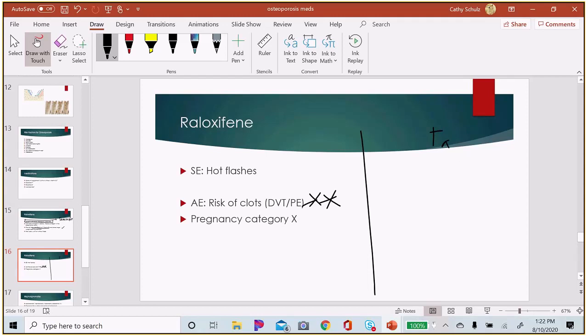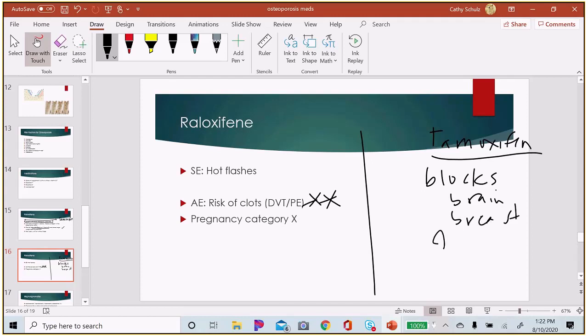So just as a review, since tamoxifen could be on any of your exams, tamoxifen blocks estrogen in the brain, which is how you get the hot flashes, and in the breast, but activates it in the bones, which leads to clots, and activates it in the uterus, which could lead to cancer risk, endometrial cancer, and people on tamoxifen also have to watch their vision.